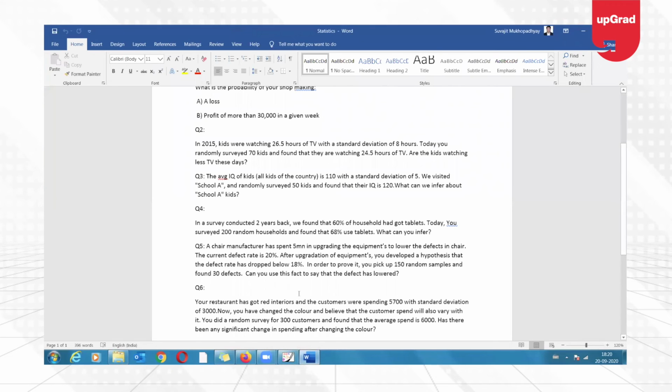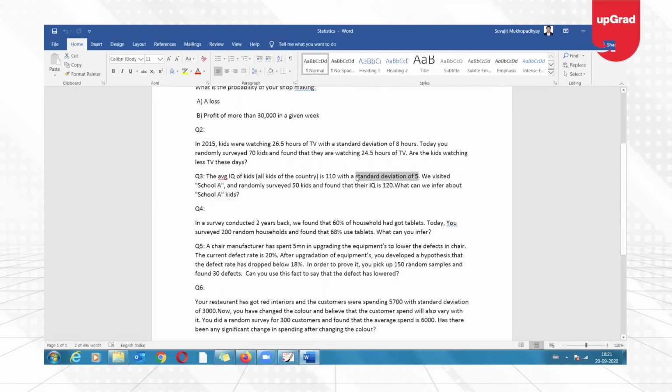Okay, so now let's look at the next problem. If you can see, let's solve problem number 3. The average IQ of all kids, and here when I say kids, I mean all kids of the country, is 110 with a standard deviation of 5.